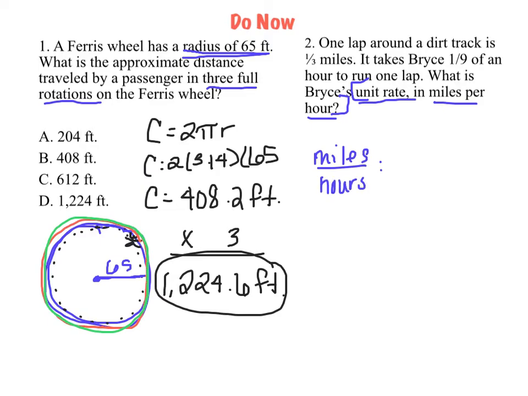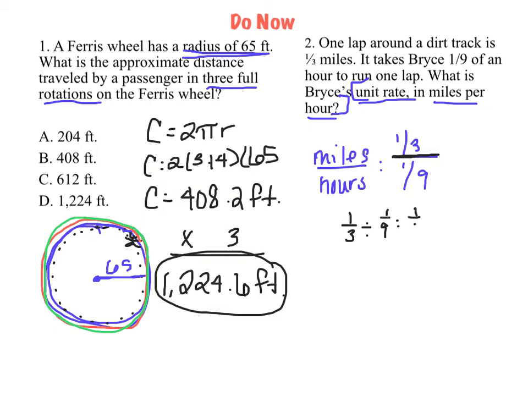Now I can go ahead and fill in my numbers. I already know that he does 1/3 of a mile, and it takes him 1/9 of an hour to run that. So in order to solve, I'm just going to divide 1/3 divided by, that's what this line means, 1/9.